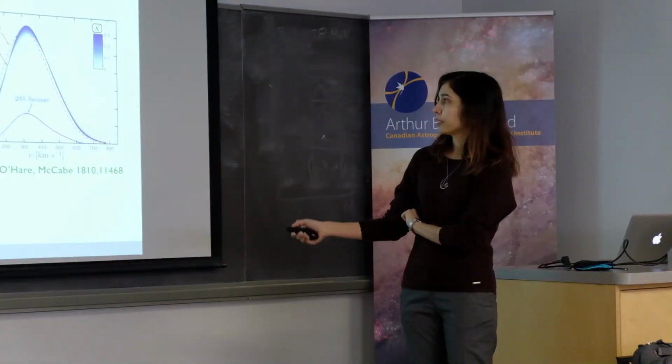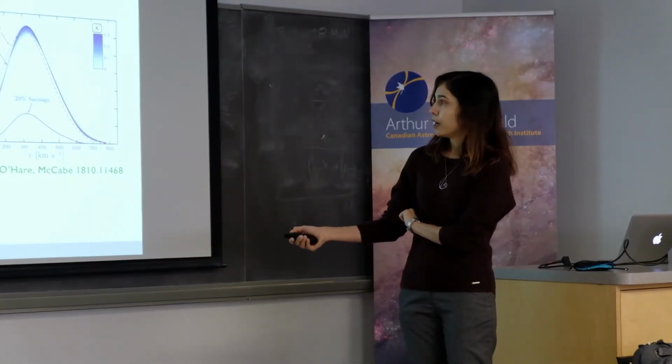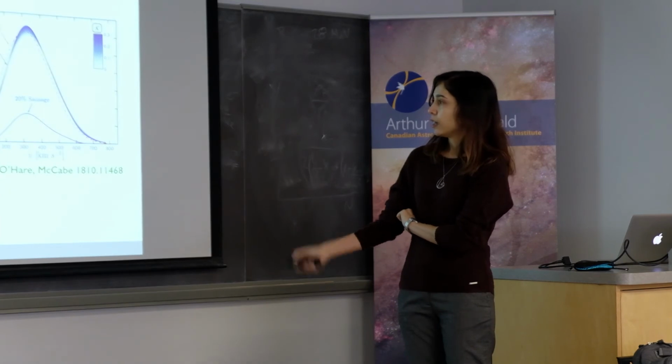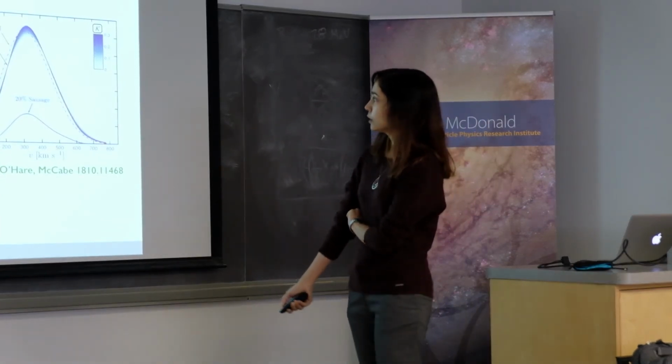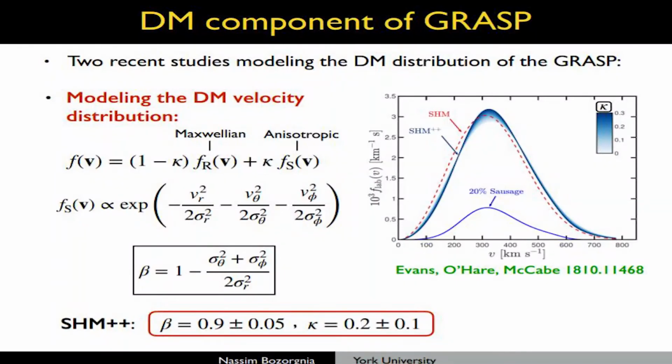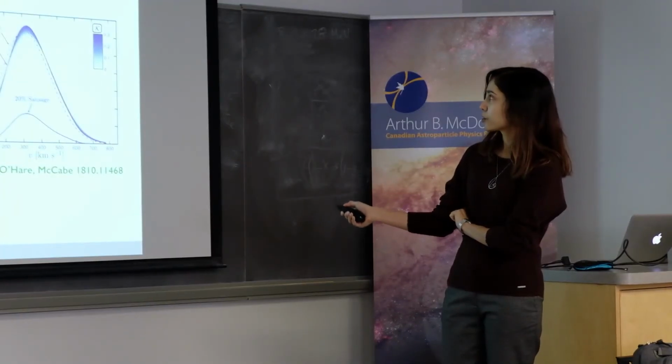And an anisotropic velocity distribution is in this form, where beta is just the anisotropy parameter. And so they introduced the SHM++: if you have the standard halo model and you add, let's say, 20% of this sausage structure to it, what happens to the standard halo model? And this is the different fraction of this structure that you assume.